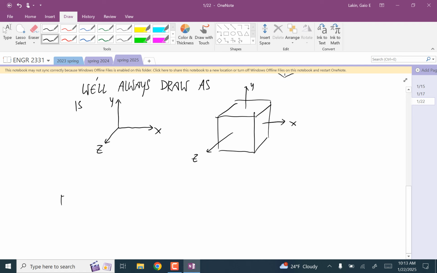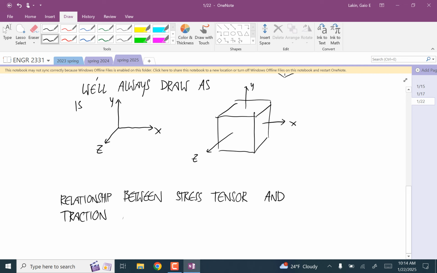Okay, so now the relationship between the stress tensor and the traction vector on a face.